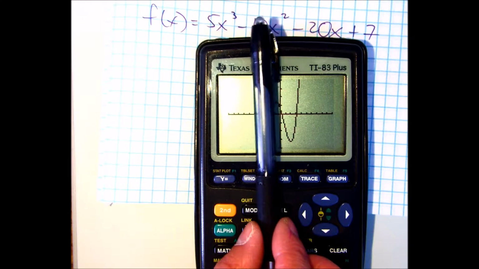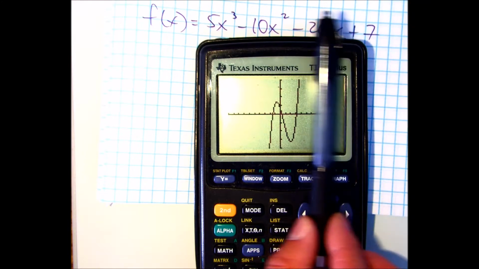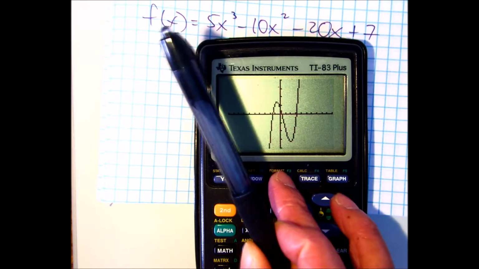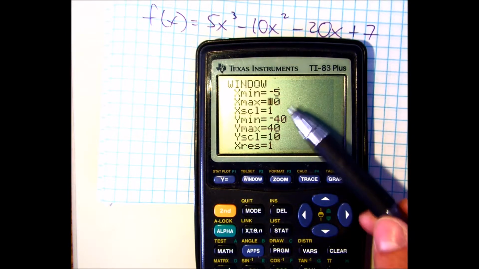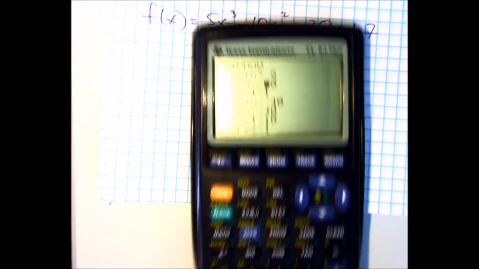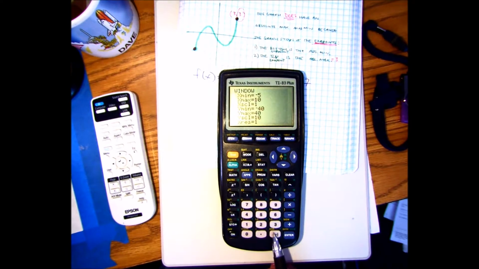Negative what? Okay, and how about over here? Let's try it. He says negative 5. Remember, that's not subtraction, that's the negative sign next to the decimal on your calculator, way down here. Make sure you're using the negative sign, or you might get invalid dimensions.